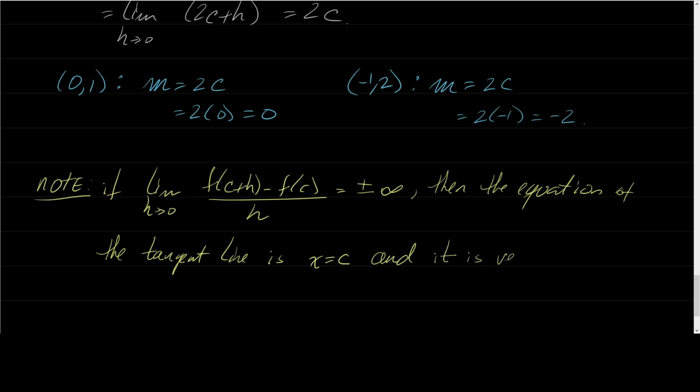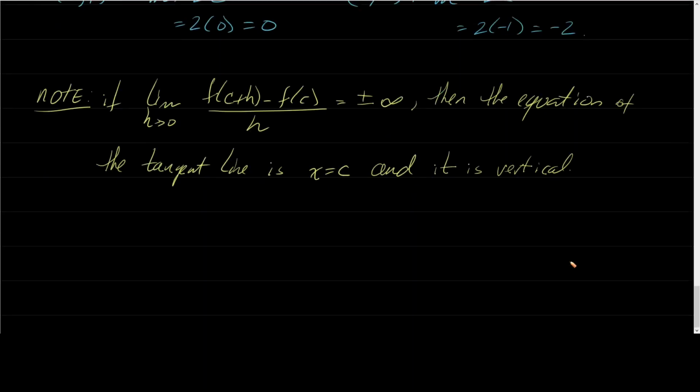So one possible way that can look is, well, let's say that I had that there. Well, this line would be tangent there, right? But it would also be vertical.